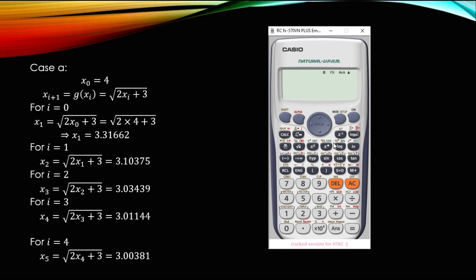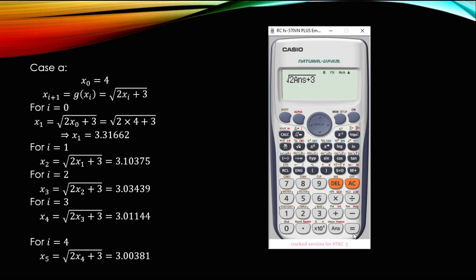After that, you will write your system generating function in the calculator by replacing x by answer. We will write it as the square root of 2 times answer plus 3.